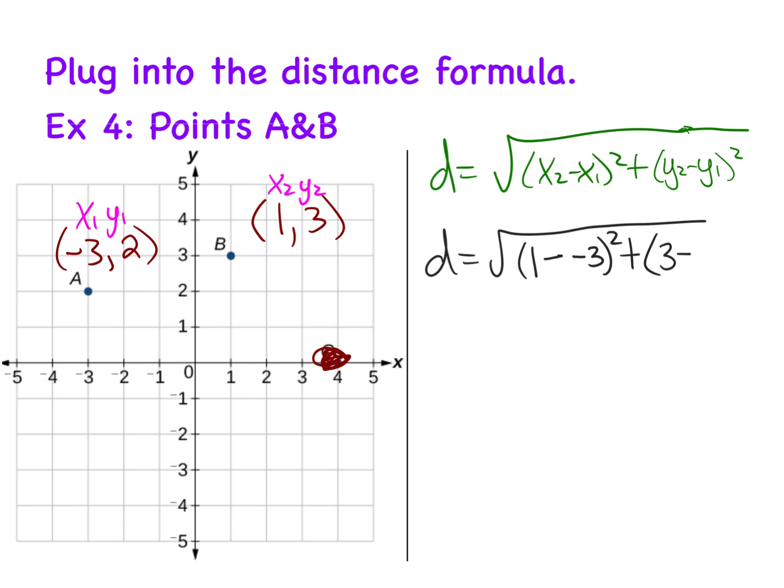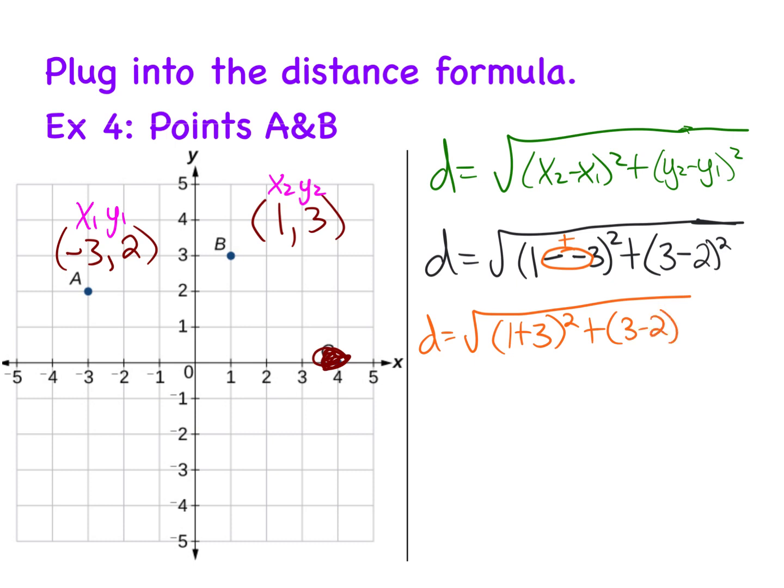Minus Luis, what's my y1? 2 squared. Class, do we have anything that needs to be simplified? Any negatives to become positive? Yeah, we got the two negatives right there, right? So we just rewrite it, and that'll be our answer. 1 plus 3 squared plus 3 minus 2 squared. And that's it.